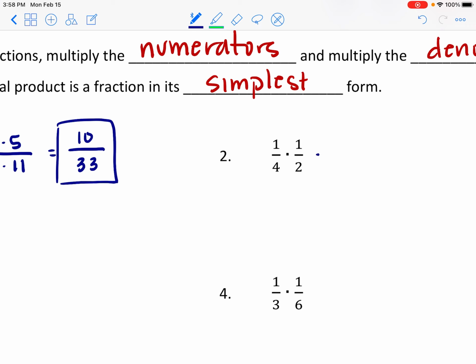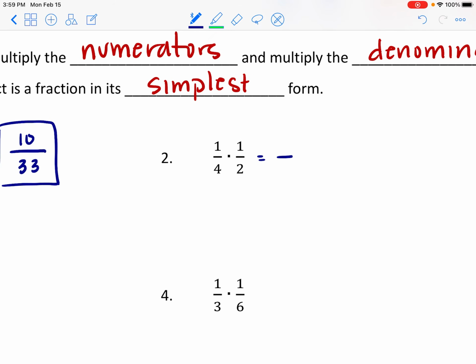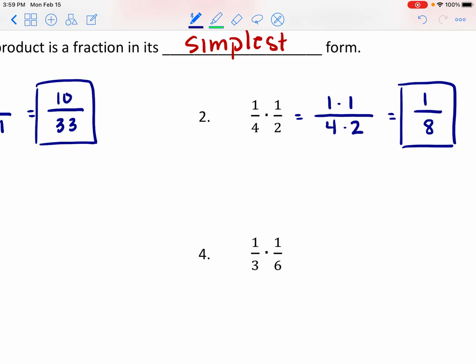Okay, similarly here, we could make this one fraction where we multiply our numerators and we multiply our denominators, and so we end up with 1 over 8, no common factors. That is our product in its simplest form.